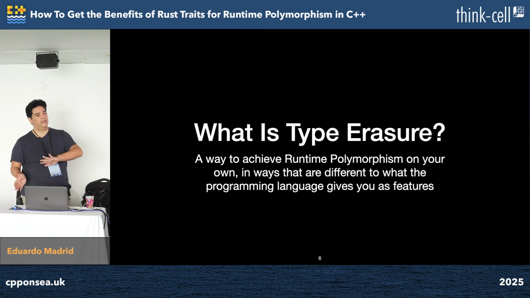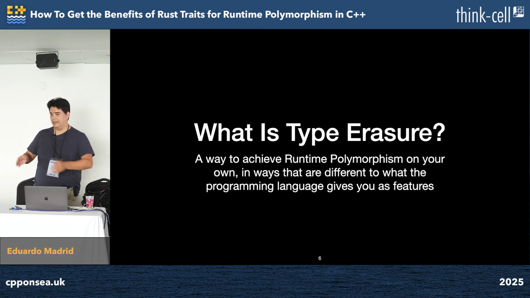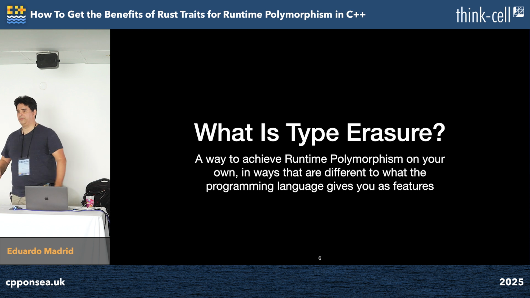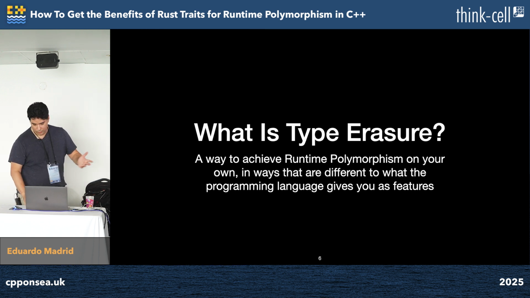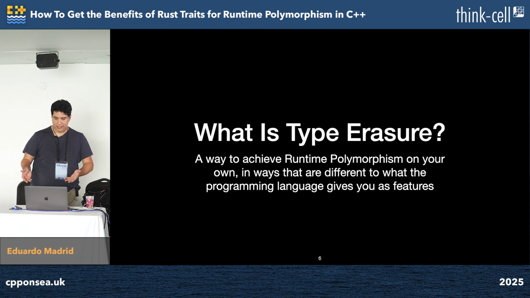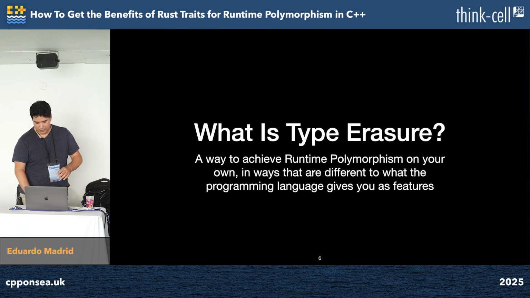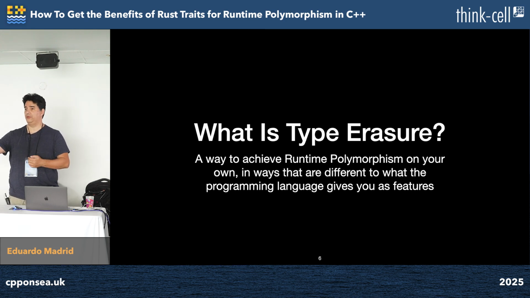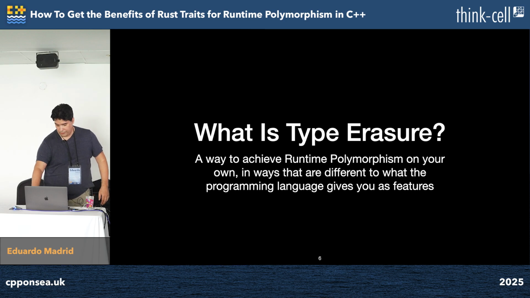So we use some features of C++ to make irrelevant many features of C++, literally, which is quite interesting, I believe. This type erasure, which I will articulate a little better when it is more relevant, is what allows us to do the heavy lifting for getting real close to runtime polymorphism in the style of Rust traits.